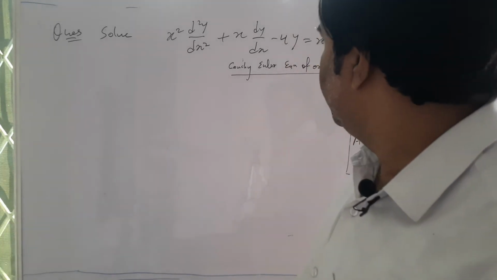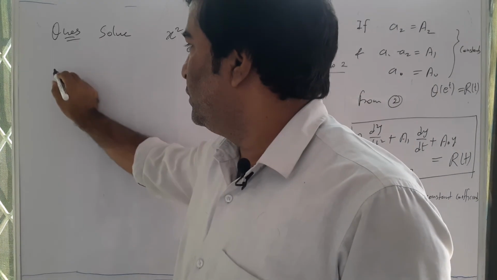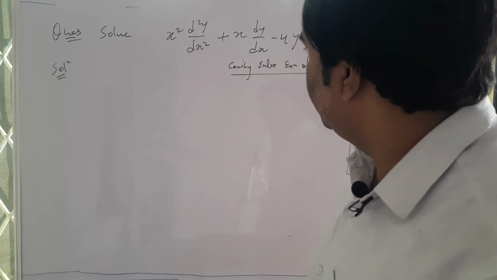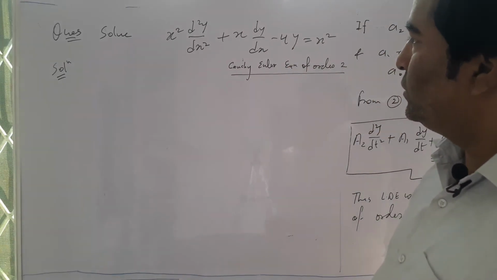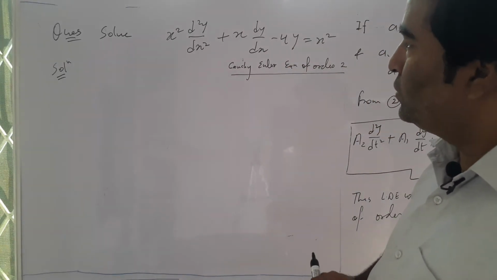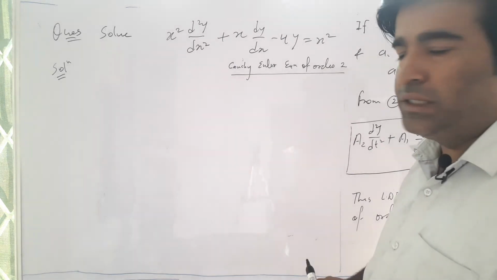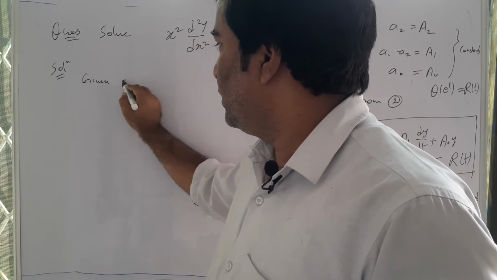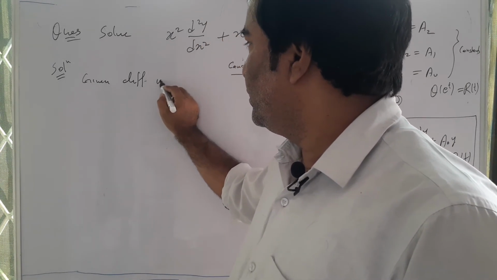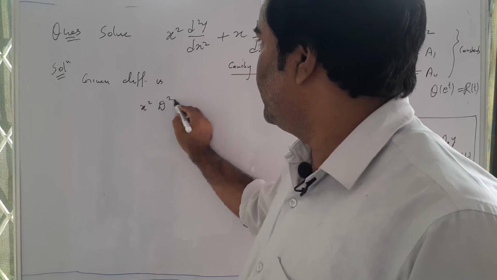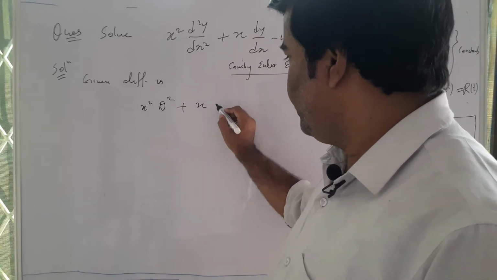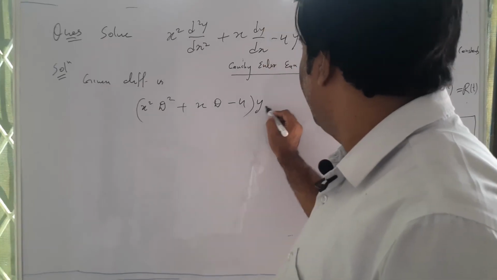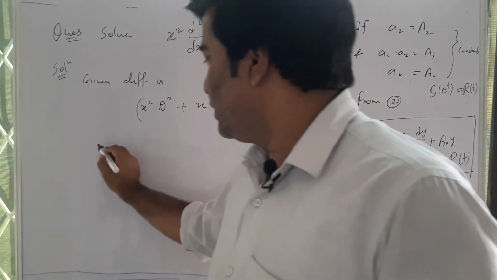Okay. So we will show why the substitution x is equal to e to the power t. Actually the given differential equation is x squared D squared plus x D minus 4, y is equal to x squared.